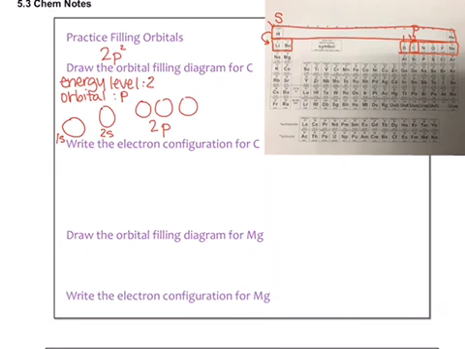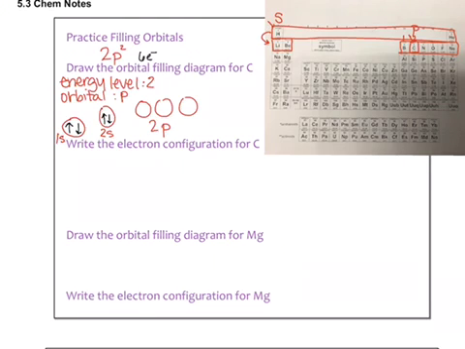Now we need to fill in the electrons that would go into those sublevels. We have to fill the lowest one first, the 1s, and it gets 2 electrons. Remember, we need a total of 6 electrons here. And then we fill in the 2s, and then we can move into the 2p.